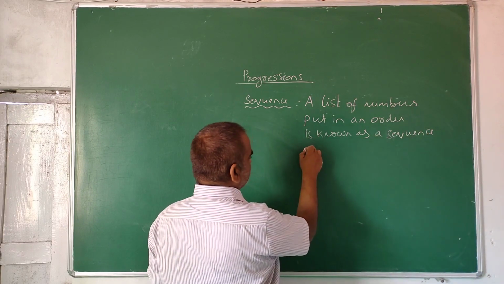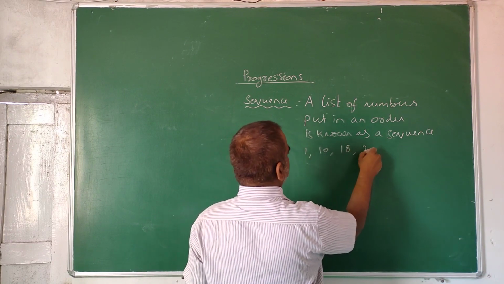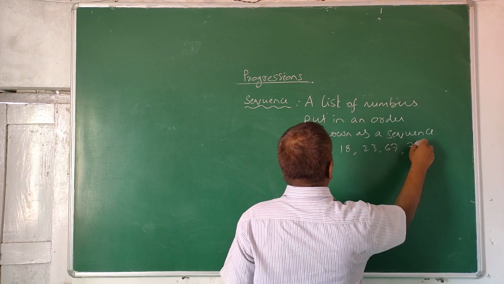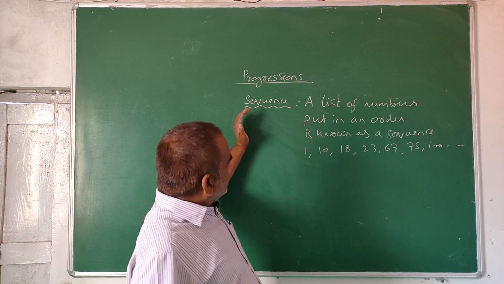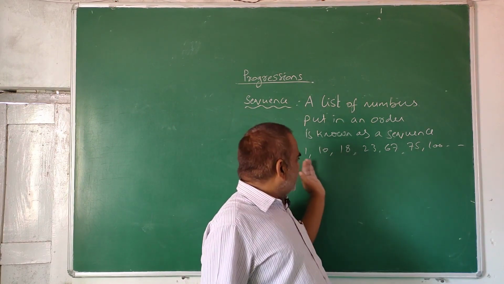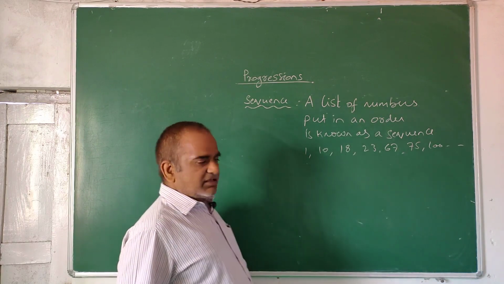For example, 1, 10, 18, 23, 67, 75, 100, etc. So this is a list of numbers put in an order, ascending order, like this. This is about sequence. Understood?